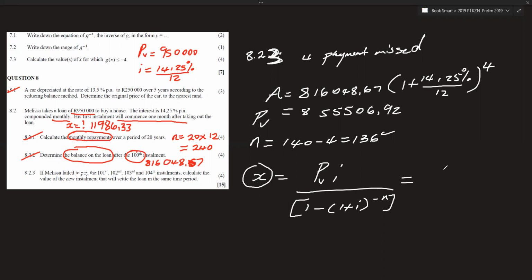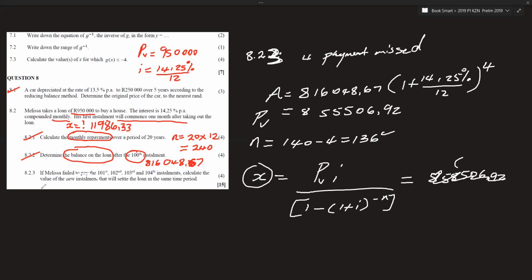Perfect. So PV is, in this case, 855,506.92. I'll just write it here because I don't have space, ladies and gents.